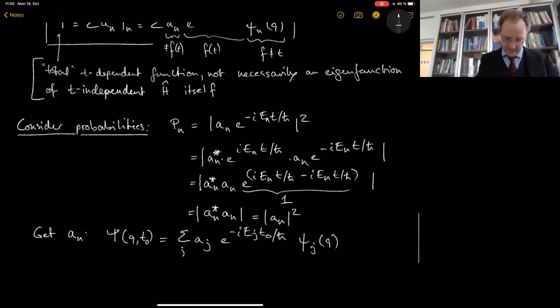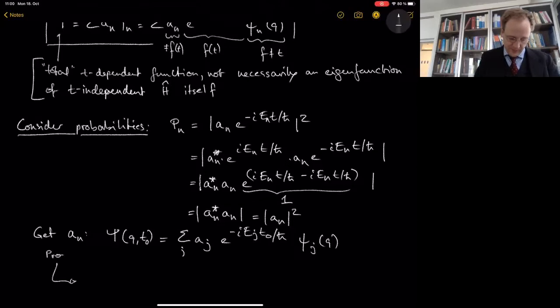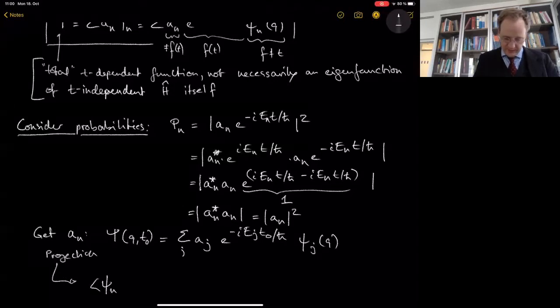Okay, and now we do our projection. And so we need to come from the left with the eigenfunction n and then integrate.